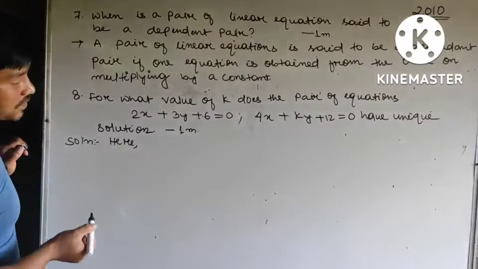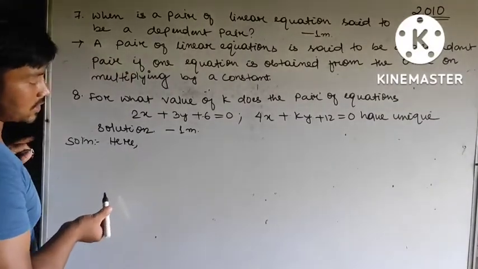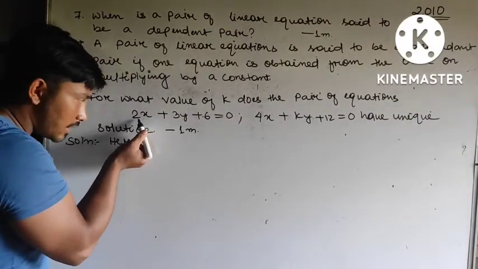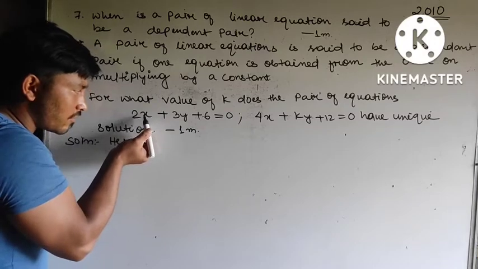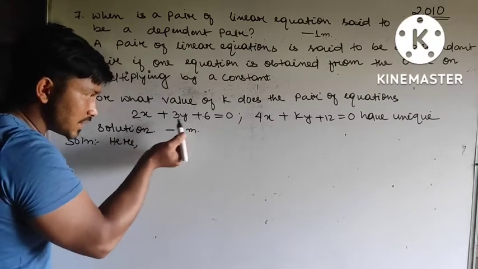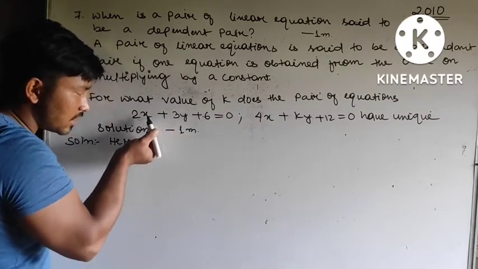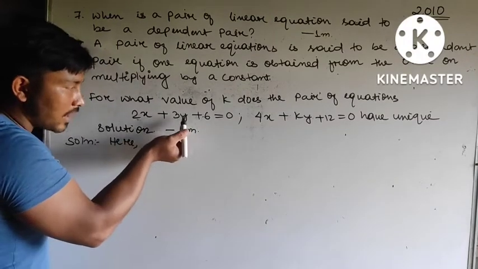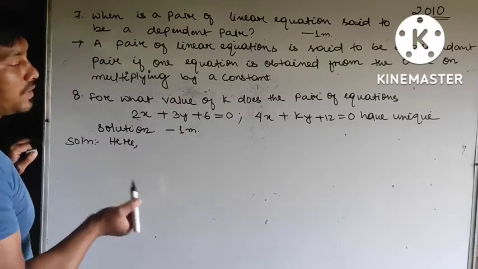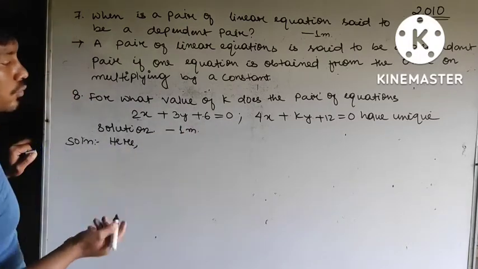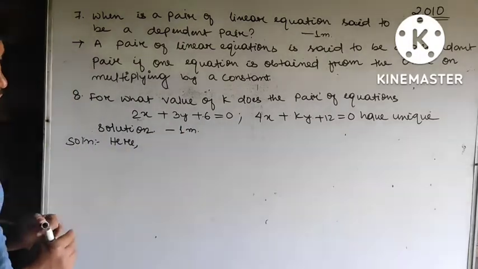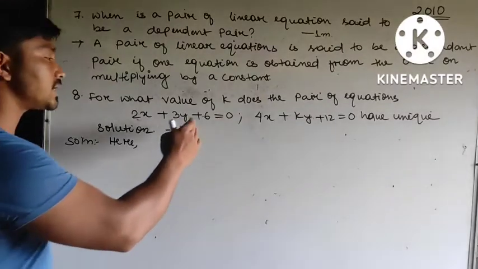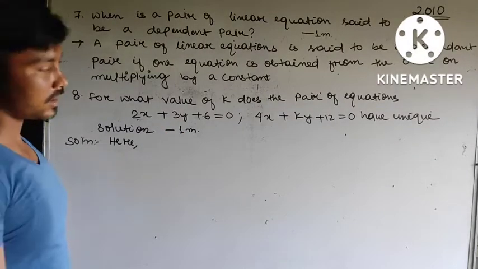What we need to understand is that in the first equation, the number in front of x is called a1, and in front of y is called b1, and the number alone, which is not attached to x and y, we call the constant term.